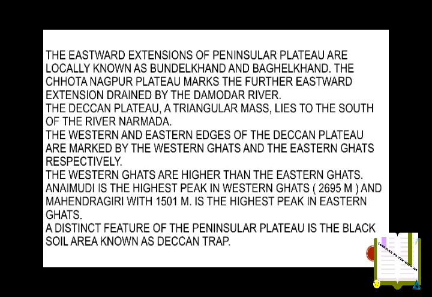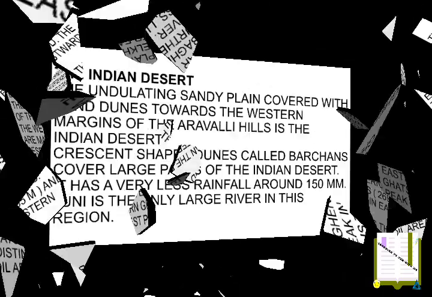Anaimudi, the highest peak in Western Ghats, is 2695 meters, that is 2 kilometers 695 meters, and Mahendragiri with 1501 meters is the highest peak in the Eastern Ghats. A distinct feature of the Peninsular Plateau is the black soil area known as Deccan Trap.